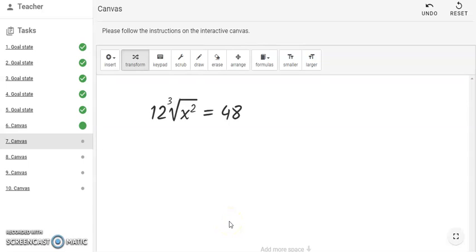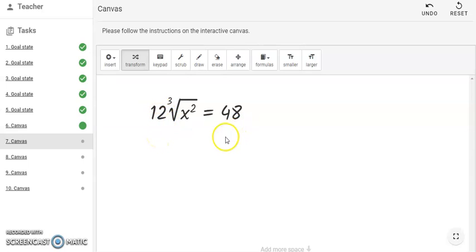All right, in the next problem we're going to be doing another problem very similar to it. Anytime you have a radical and there's something outside the radical, like when solving equations, we're going to try to get the radical by itself. So the first step here would be to get rid of this 12. What kind of problem would that be?